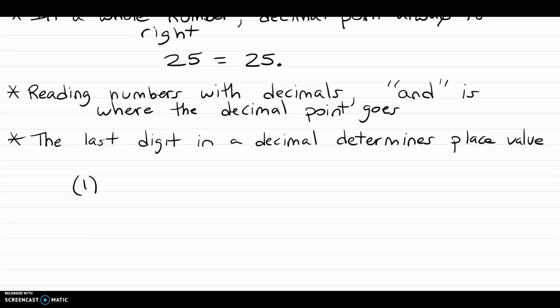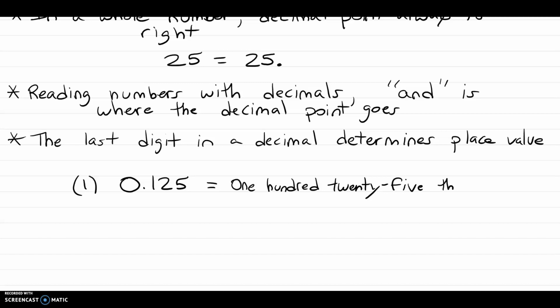For example, if I gave you this number, 0 and 125 thousandths, that's how I have to say that number because the 5 is the last digit. So in word form, this is 125 thousandths.